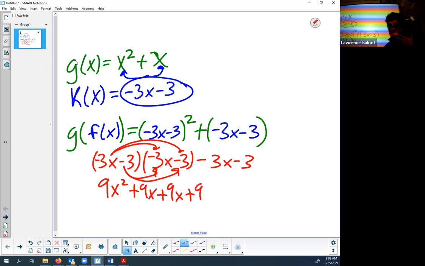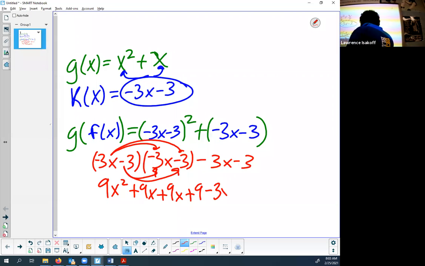So all I did was the FOIL process on this. I know that's something you've covered, I should have hopefully seen that in IM1, but I know you at least saw that in IM2 and IM3. If you prefer the box method for multiplying something like this out, you can use that as well. I just find FOIL takes up less space, so I prefer that.